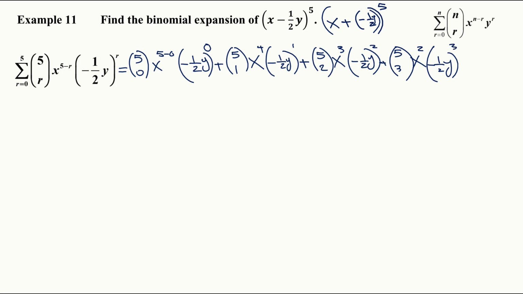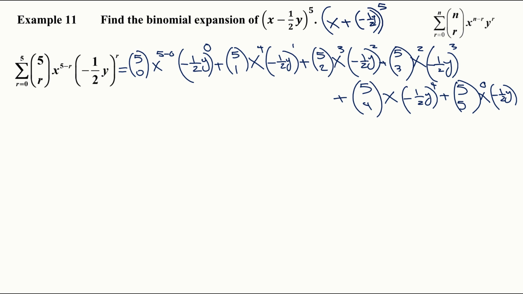And then plus 5 choose 4, x to the power of 5 minus 4, which is 1, which we don't need to write, times quantity negative 1/2 y to the power of 4, plus 5 choose 5, x to the 0, times quantity negative 1/2 y to the power of 5.